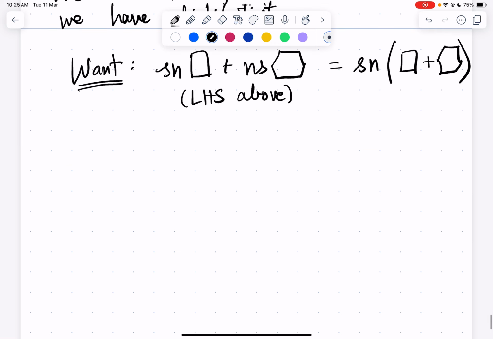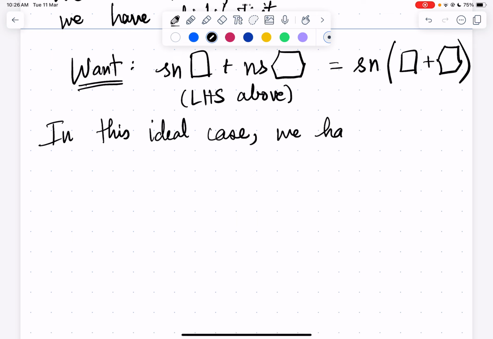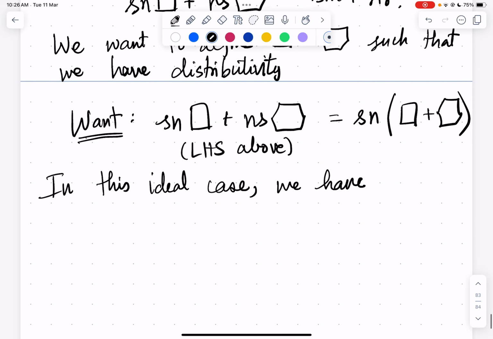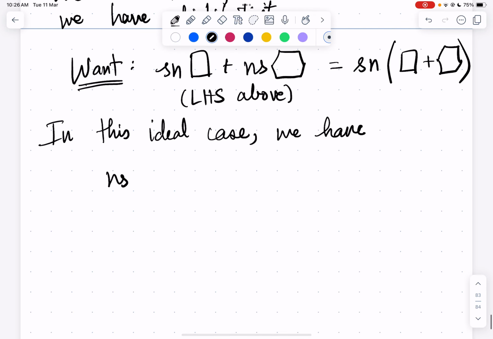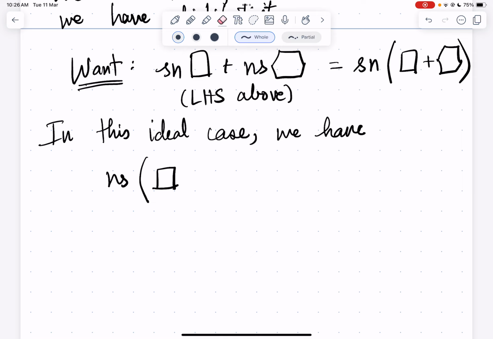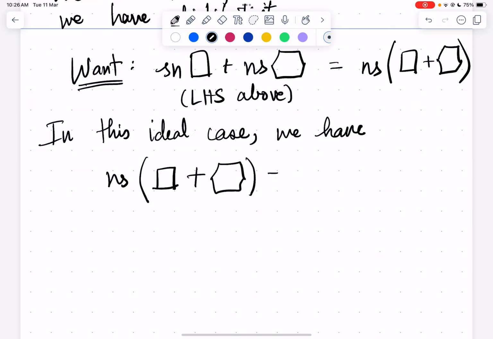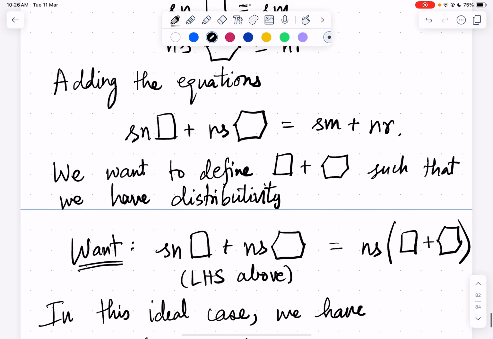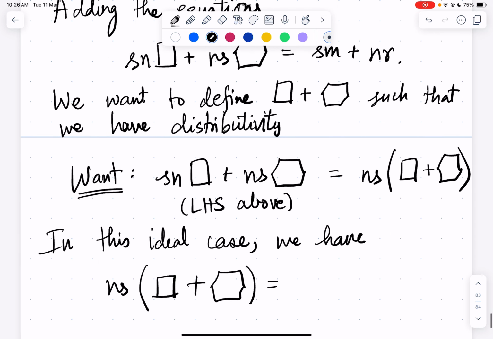In this ideal case, we have ns times box plus hexagon equals sm plus nr, right?